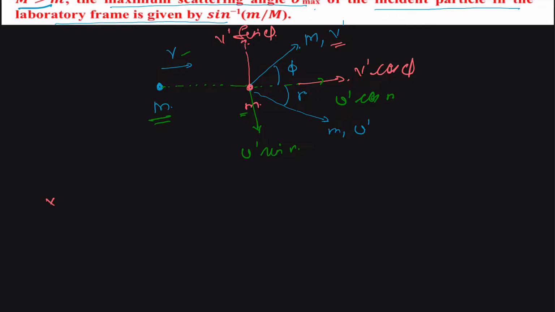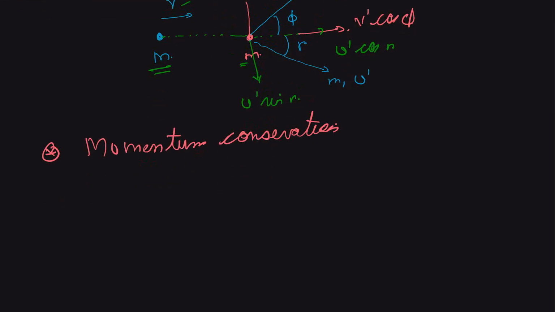So we can use the conservation of momentum with respect to the x-axis as well as with respect to the y-axis. So, momentum conservation, and let us take first of all our x-axis.